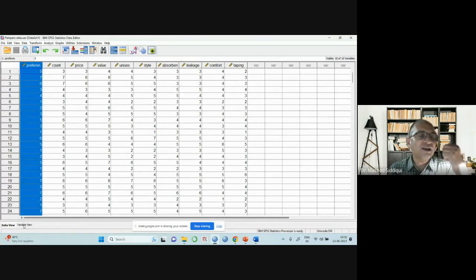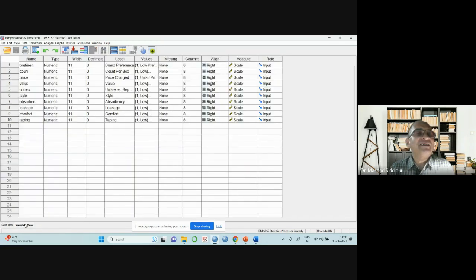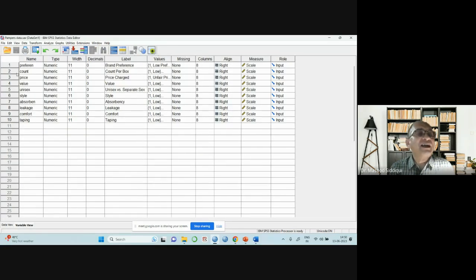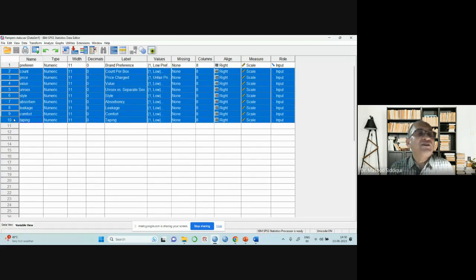For the time being, we are not using it. This will be part of some other multivariate analysis. So these are the 9 diaper attributes that we have discussed, starting from count to taping, which actually represent the diaper attributes. So we are expecting that there is some dimensionality behind these 9 variables.